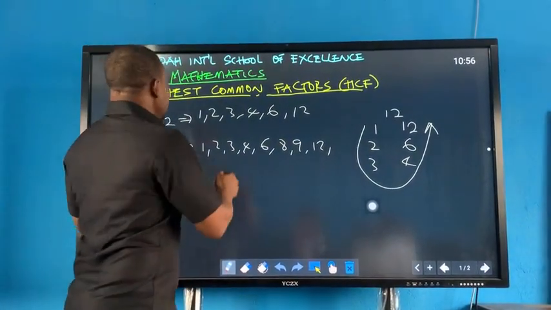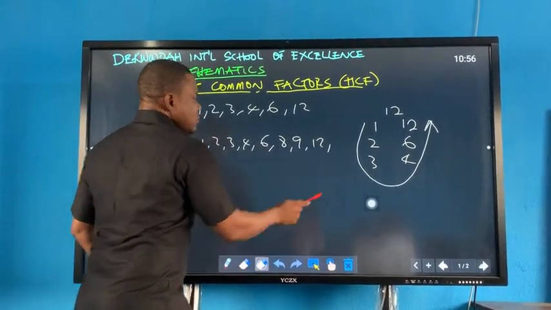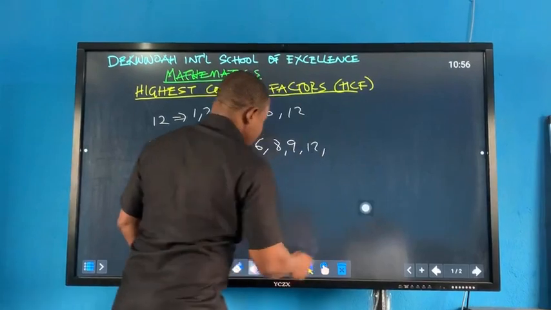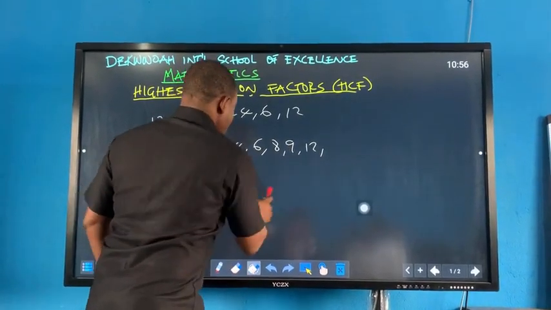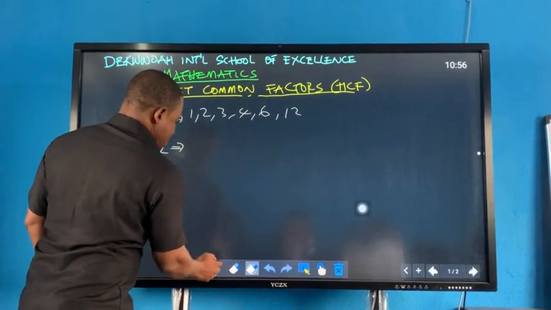Right? So if I want to look for the factors of 72, instead of going through all this rigor, I can simply write 72 somewhere.